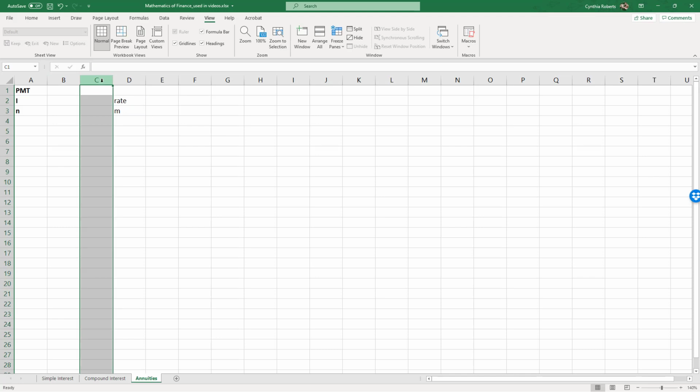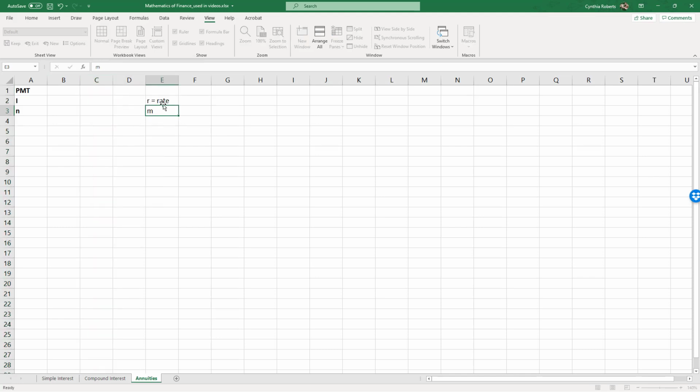So in my example, let's put another thing right here. R equals rate, and M equals number of times compounded. And then of course my number of times, whatever, like years. So my payment was $1,600. My rate was 0.0185.